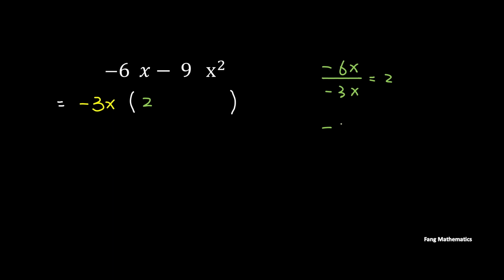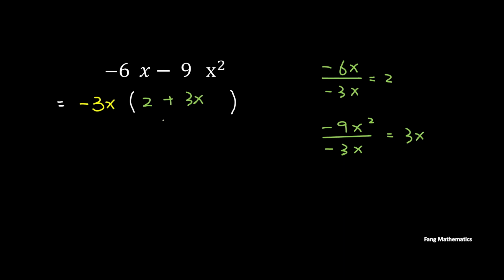Then you have minus 9x squared divided by minus 3x. Minus 9 divided by minus 3 should give you 3, x squared divided by x should give you x. So be specific, plus 3x.